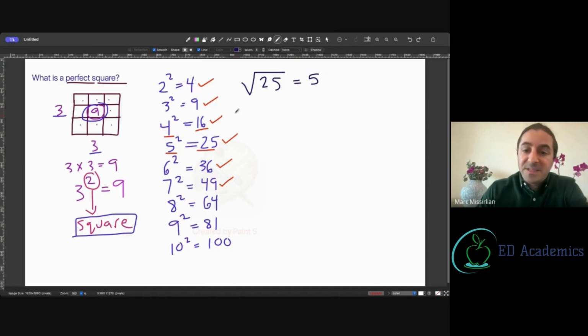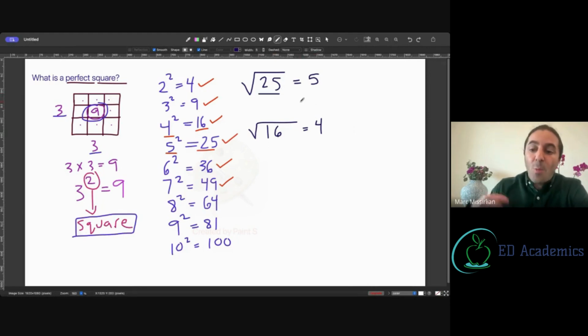What about 16? We can say the square root of 16 equals 4. The important thing to keep in mind is that there's a relationship between squaring and square rooting. A perfect square is any number that when you take its root, it is a nice, round, counting whole number.